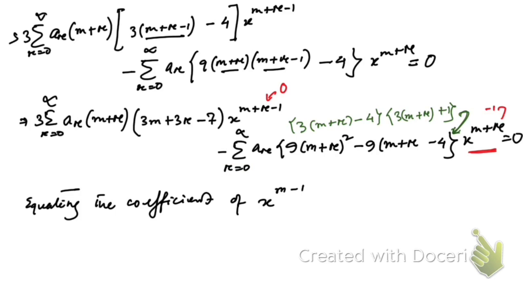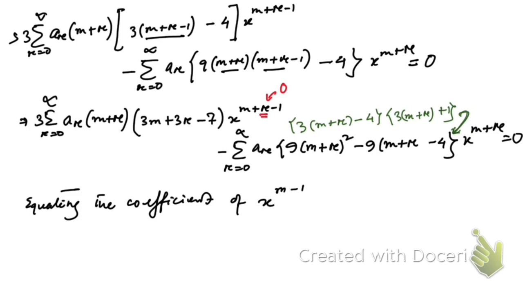So that's why we're gonna ignore this second part here. So in order to equate the coefficients of x to the power m minus 1, we cannot get x to the power m minus 1 from this part. So that's why we are not going to consider this second summation. We're going to take the coefficients from the first summation only.